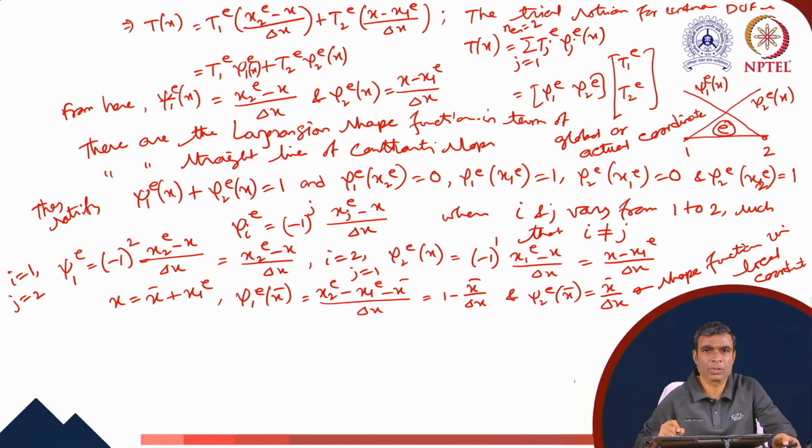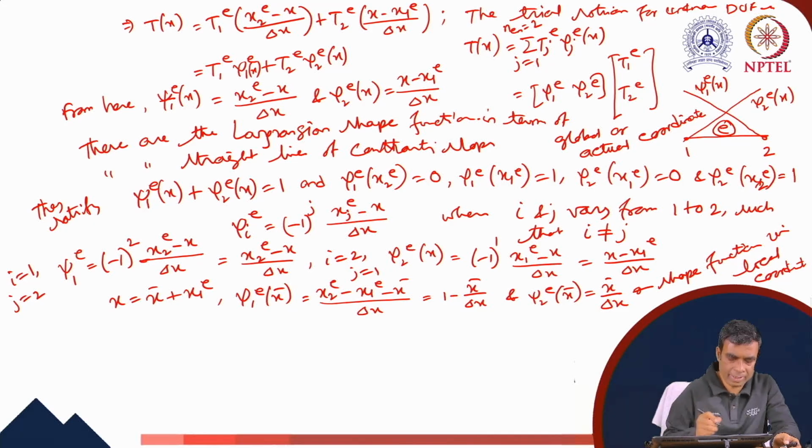We can extend this concept for the quadratic bar elements. So we can fit a parabola as a plus bx plus cx square. Then we can calculate the coefficients a, b, and c by using Cramer's rule, and then we can find out psi 1e, psi 2e, and psi 3e.